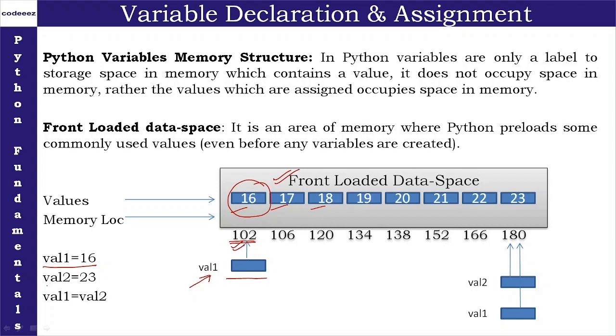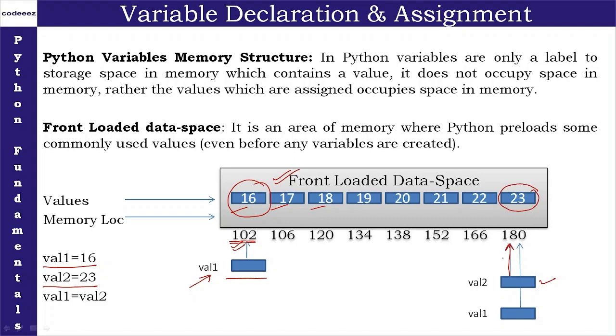In another case, I have written val2 equals 23. So what happens here? A reference val2 is created, and because it has to store 23, it will point to a memory location which has the value 23.